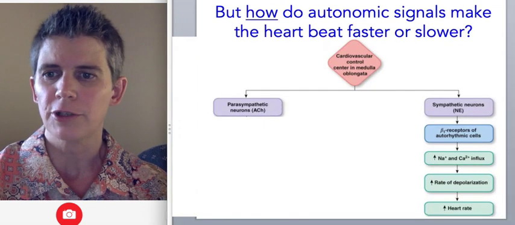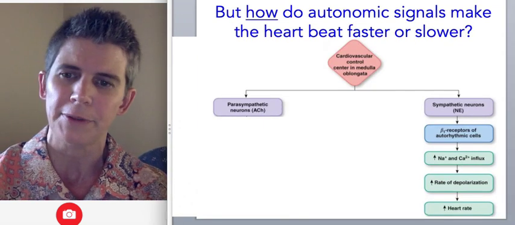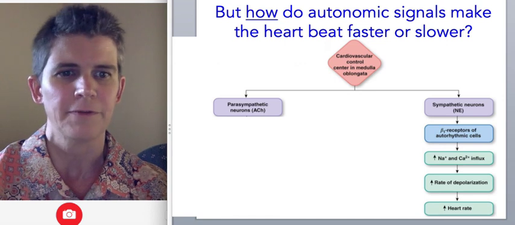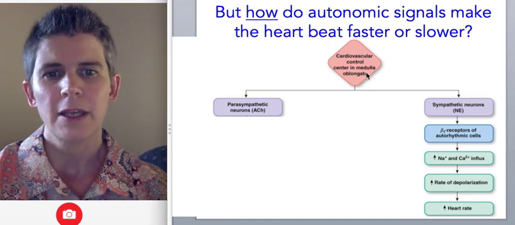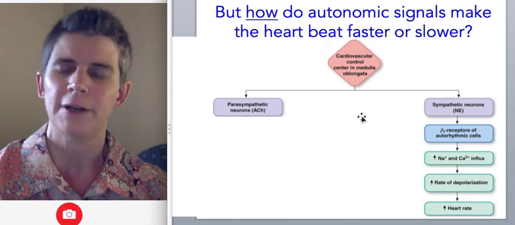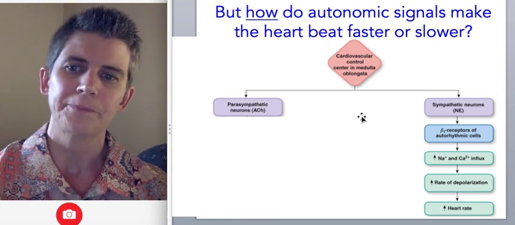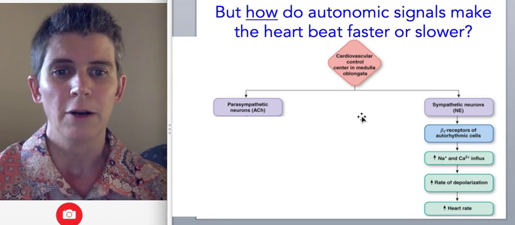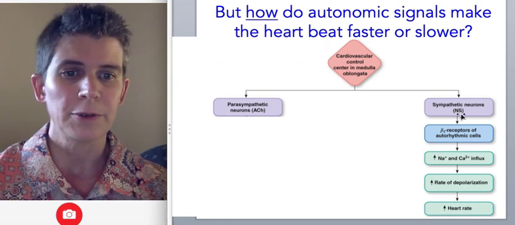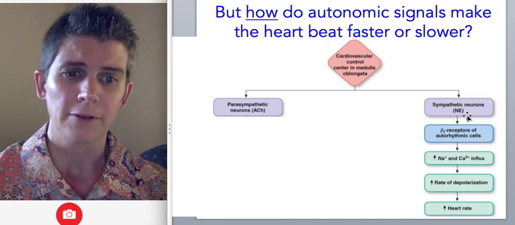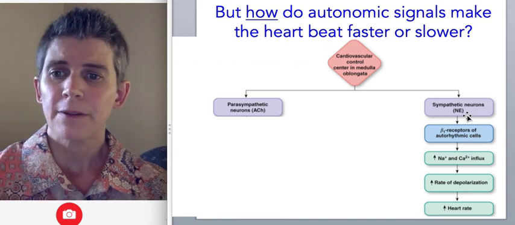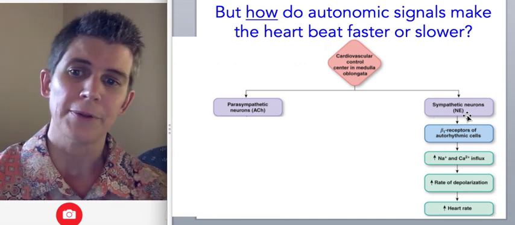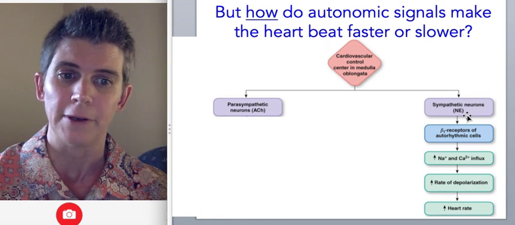Well, here's a flowchart, and I've hidden the parasympathetic part for now so we can focus on just one half. In the medulla in your brain, there's a group of neurons whose job it is to regulate heart rate. And coming from the medulla, then, are these sympathetic neurons, that release the sympathetic neurotransmitter norepinephrine.